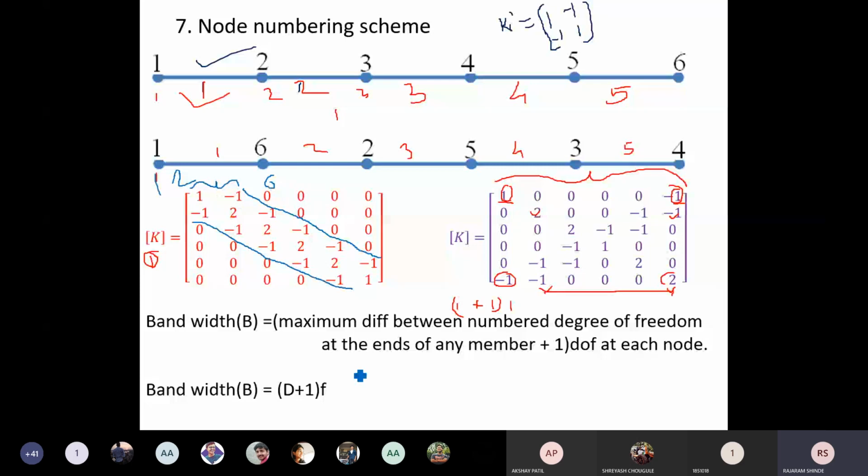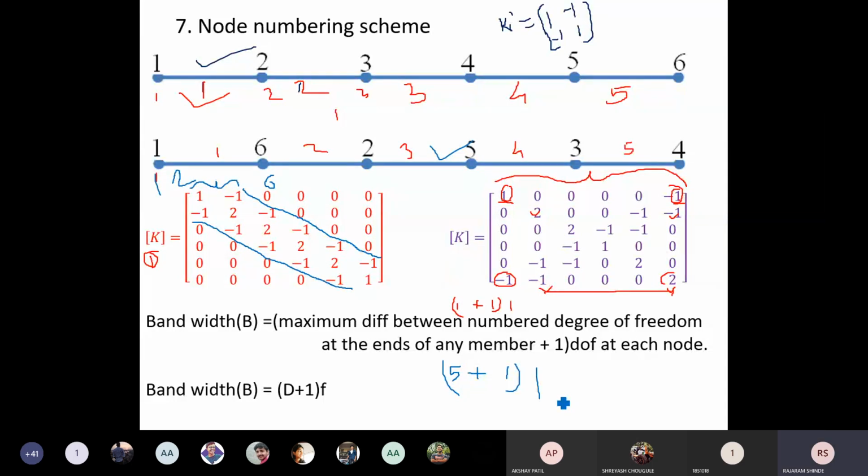The maximum difference between these two is 5, plus 1, into 1, the degree of freedom per node. 5 plus 1 into 1 is 6, and that is the bandwidth for the second case. Okay, have you got this concept?